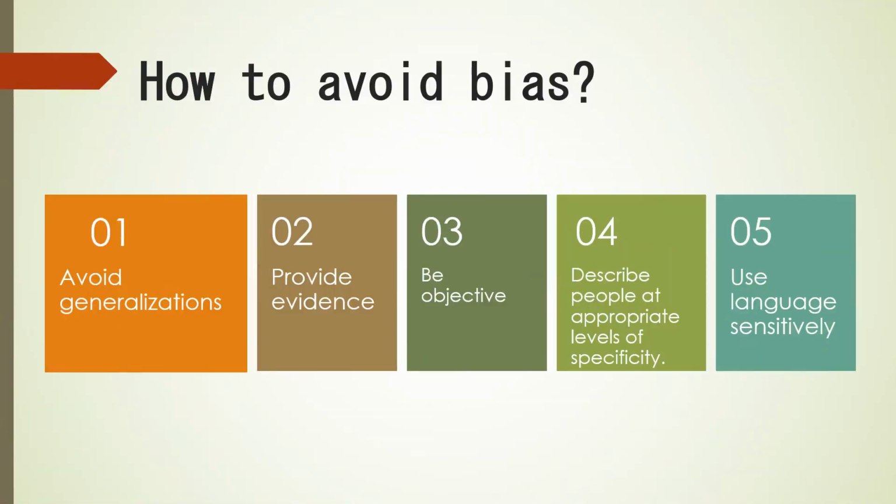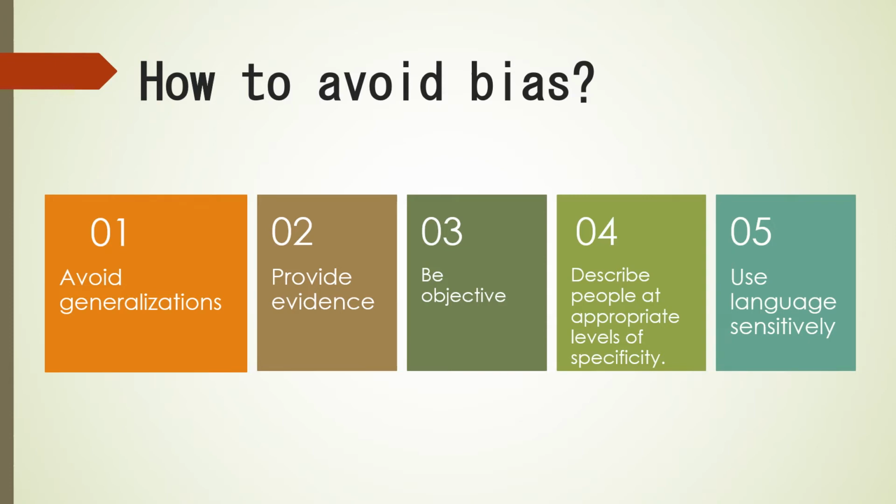So how to avoid bias? Number one, avoid generalization. It means writers need to understand the difference between fact and opinion and try to express things with different levels of certainty. Number two, provide evidence. When you say something, provide sources for your claim. Number three, be objective.